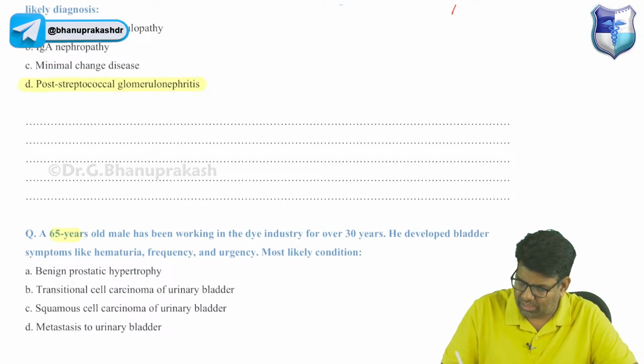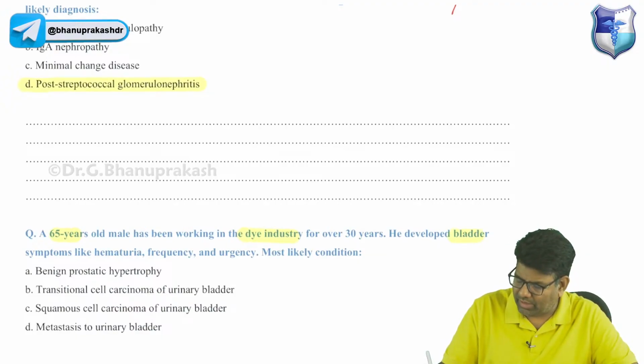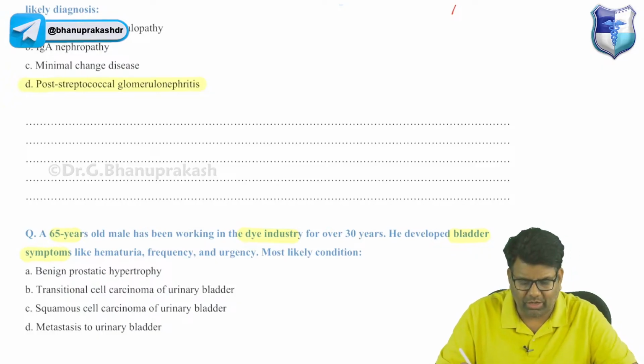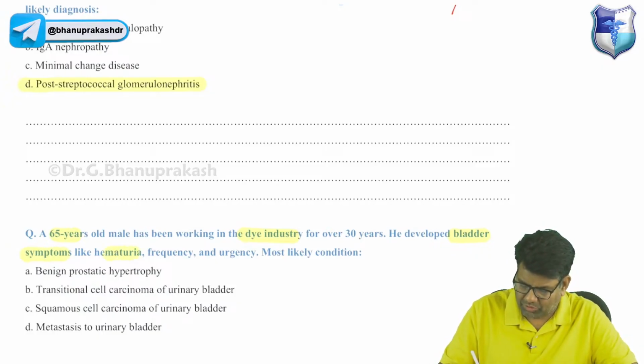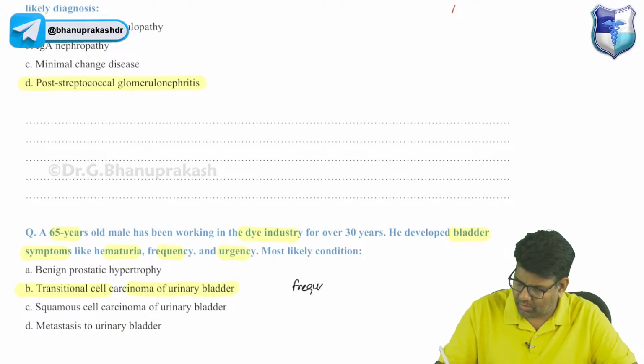Elderly patient has been working in the dye industry for over 30 years. Now he is having some symptoms related to the urinary bladder, like hematuria, frequency, urgency. What can be the condition? Everyone is right. This is transitional cell carcinoma of the urinary bladder, and frequency means the increased number of times the patient has to urinate. What is this word?